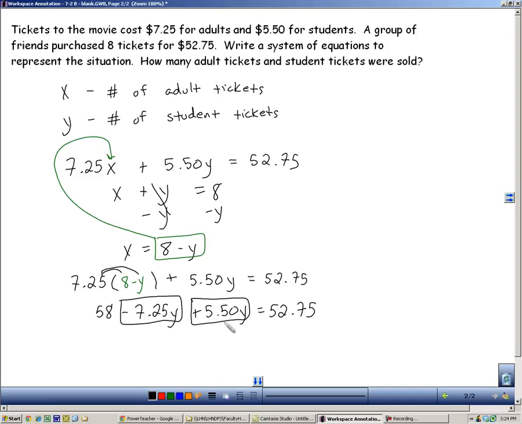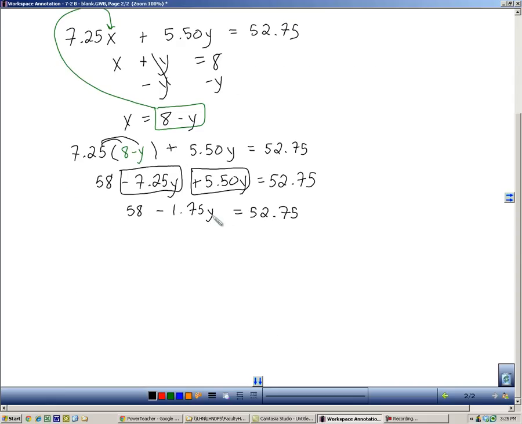I see like terms that are on the same side. So negative 7.25 and positive 5.50 is negative 1.75y equals 52.75. I'm still isolating the y, so we'll subtract 58. So negative 1.75y equals, when we're subtracting a smaller and a bigger, one thing you can do is take the bigger number and subtract the smaller number.